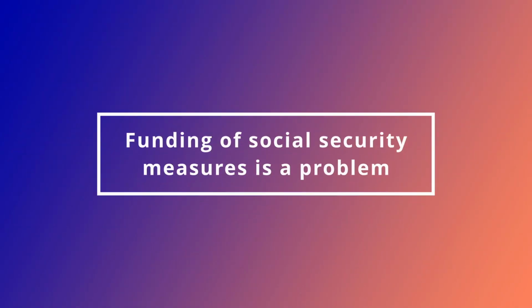This is the second highest, and it is not possible for any government to provide adequate social security measures for each and every worker. So this is the basic challenge. Number two, if we try to focus on every employee, then we need enough funds, which we will always lack. So funding is a problem.